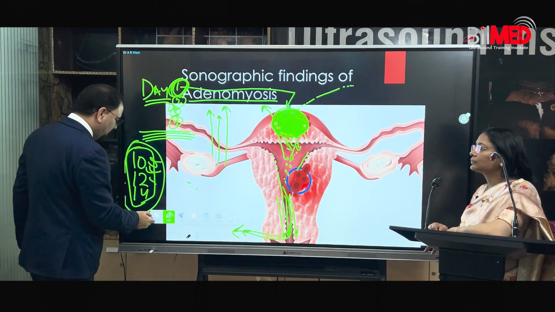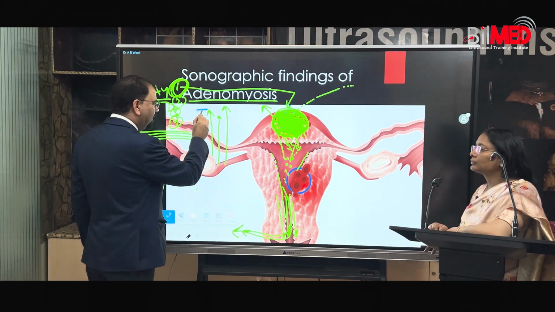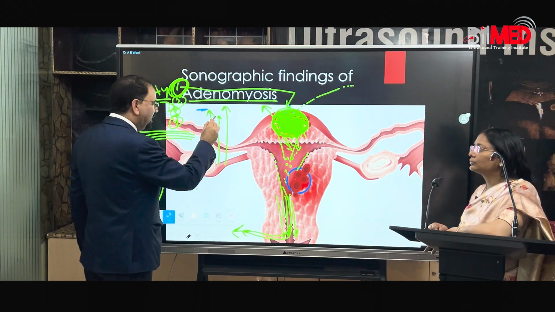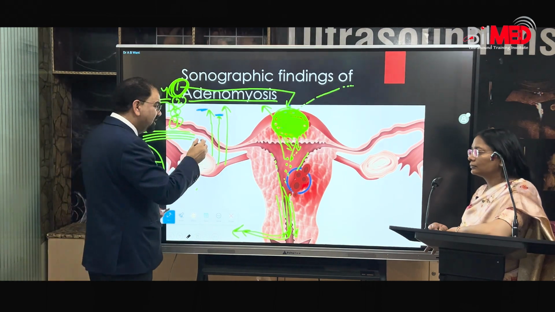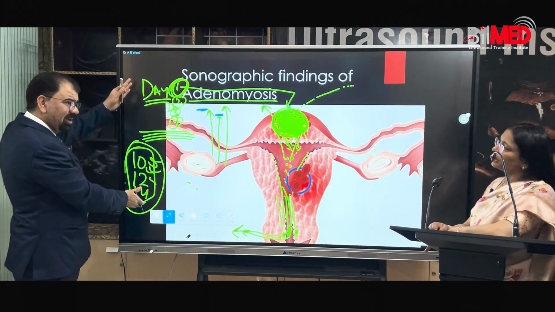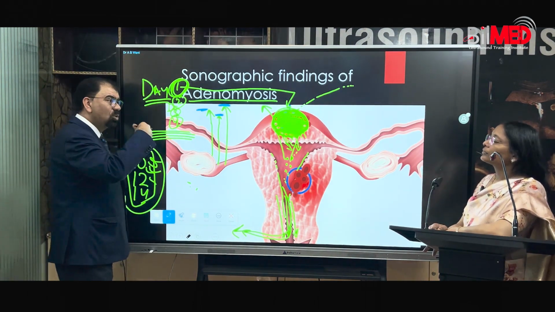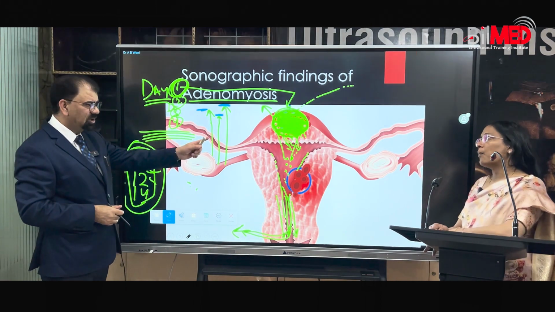Now sometimes this echogenicity is over here, I mean more echogenic. Sometimes it is less. It is not after 2 months. It is in the same cycle, just after some days. Okay, so there is a variable echogenicity. Now keep this in your mind.